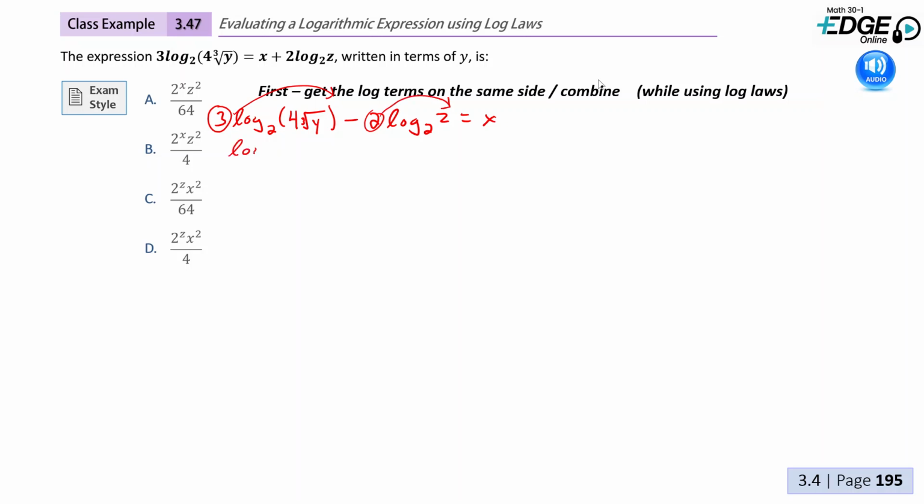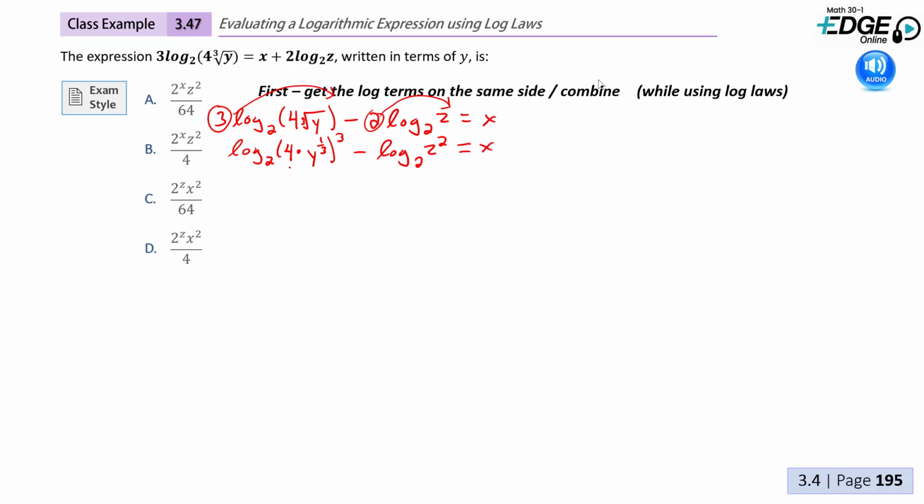So we've got log base 2 of 4, and at this moment I'm going to rewrite this as times y to the power of 1/3, and then to the power of 3. And notice that this is all to the power of 3. Minus log base 2 of z, and then bringing that 2 up, so squared, and that's equal to x.